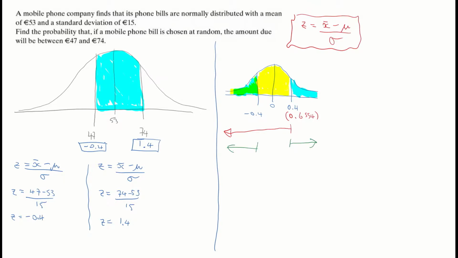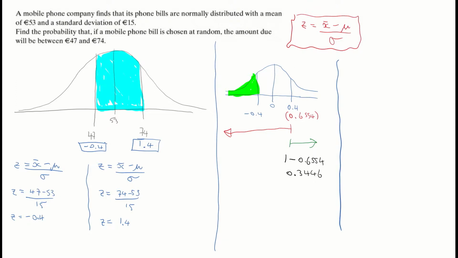To do that, I'm going to take my full 100%, which is 1, minus 0.6554, and that's giving me a probability of 0.3446. So let's tidy up our picture. It's giving me that region now, let's color it in green. That region there is 0.3446.